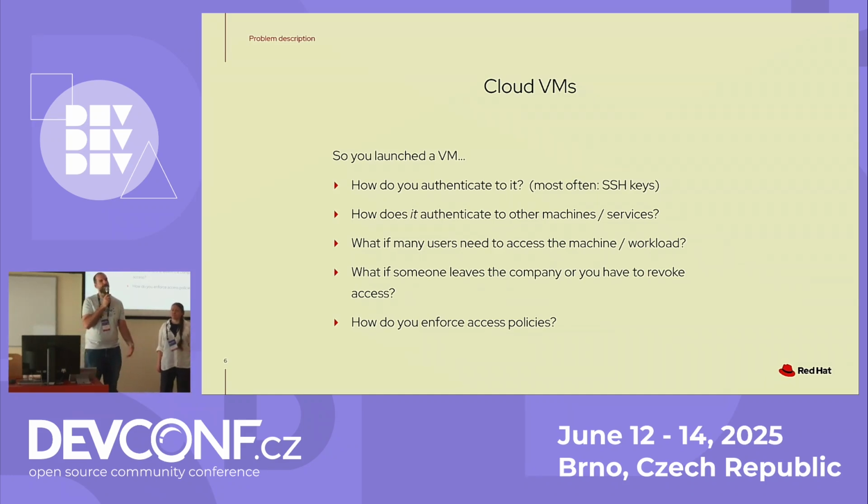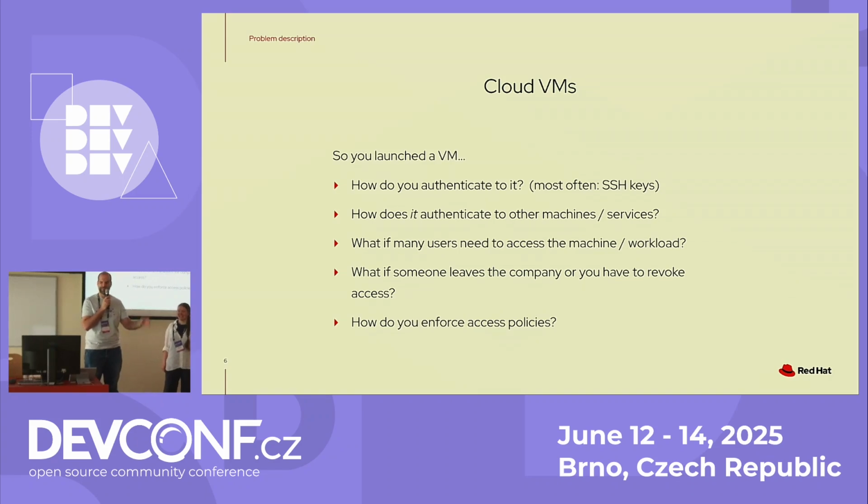How does it authenticate to other machines if needed? Imagine that you have a collection of machines, or a fleet of machines. How do they interact with each other or with services? What if many users need access to the workload? We already mentioned sharing your credentials or SSH keys, not a good practice, but we know in our daily basis sometimes we do this. I'm not here to blame or judge.